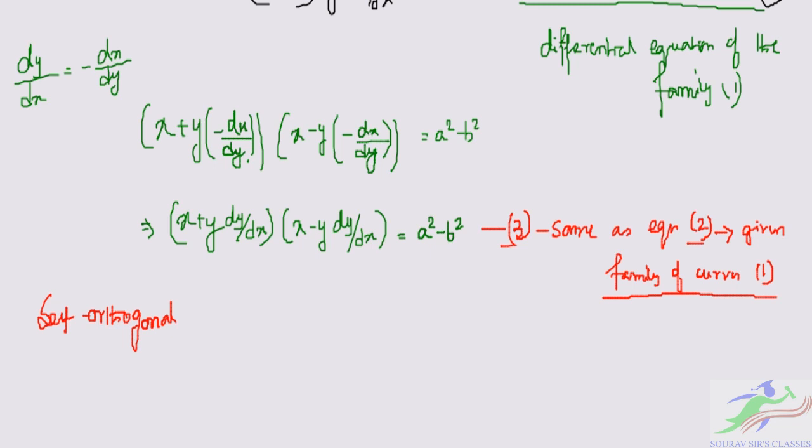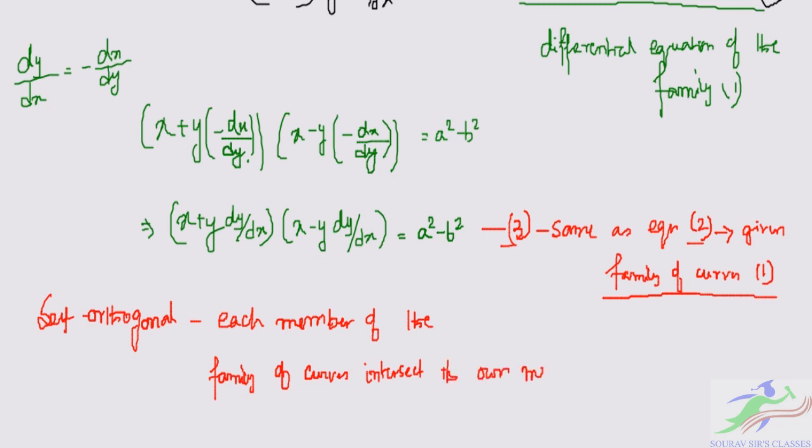Hence the given system of curves is self-orthogonal, that is, each member of the given family of curves intersects its own members orthogonally.